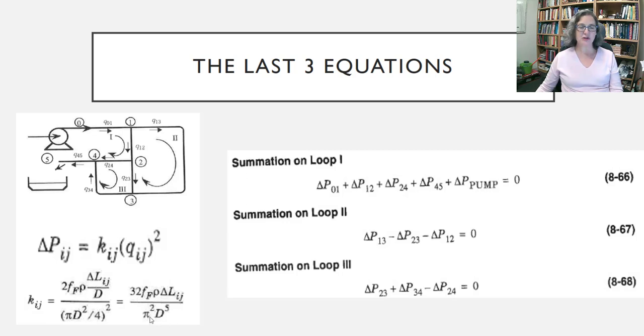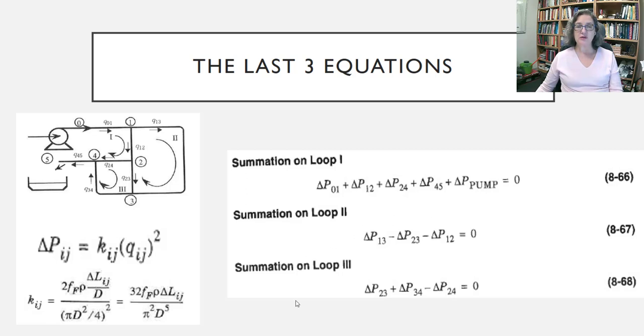The number 32 just pops out because of all these relationships. Pi squared and d to the 5th, the diameter, the inside diameter of the pipe. Okay? Those constants times Qij squared are going to be the delta P's I put in here. For the pump, that would be, again, a known value.